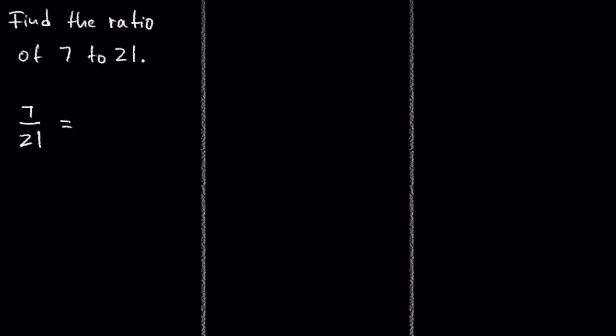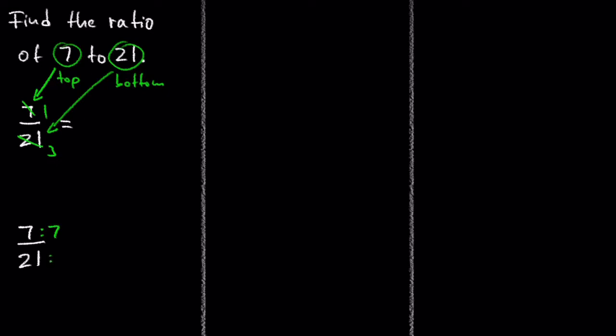Recap that the order of the numbers is important. The 7 becomes a 1 and the 21 becomes a 3 because 7 divided by 7 is 1 and 21 divided by 7 is 3. So the ratio of 7 to 21 is 1 to 3.